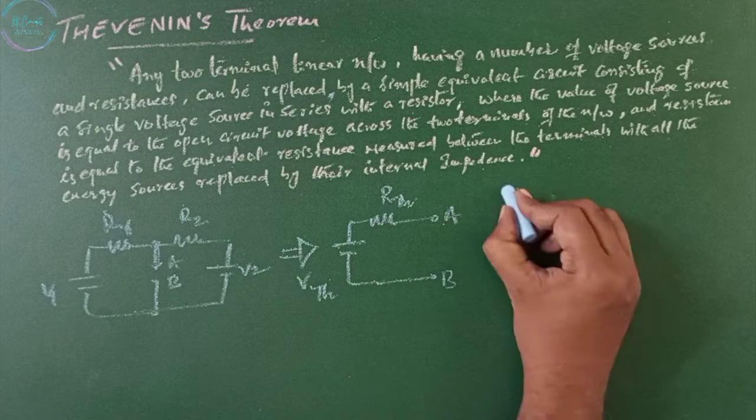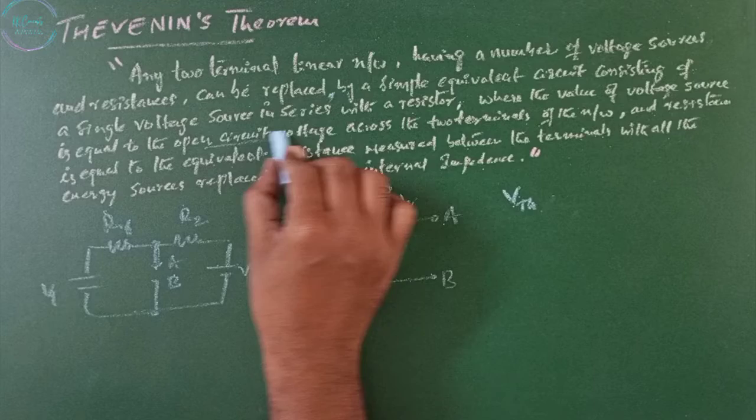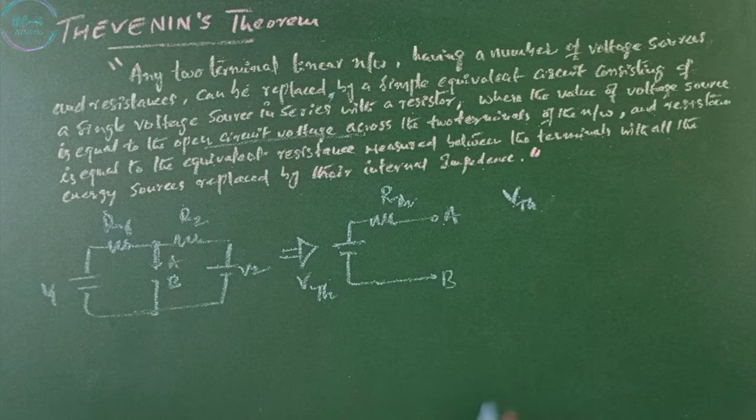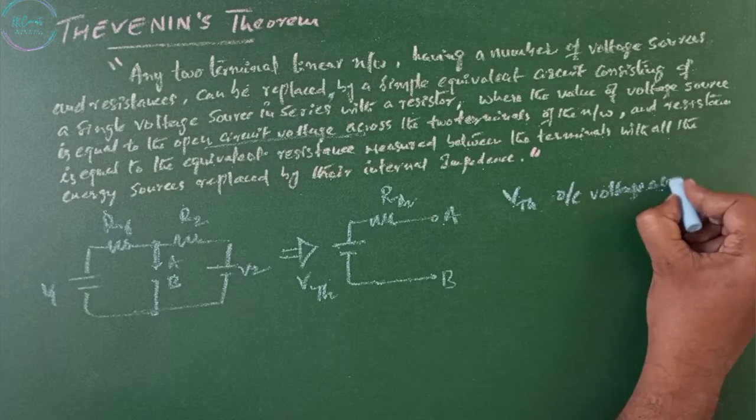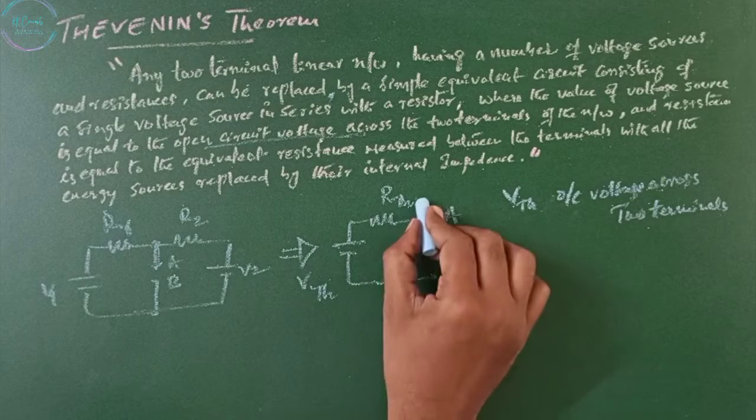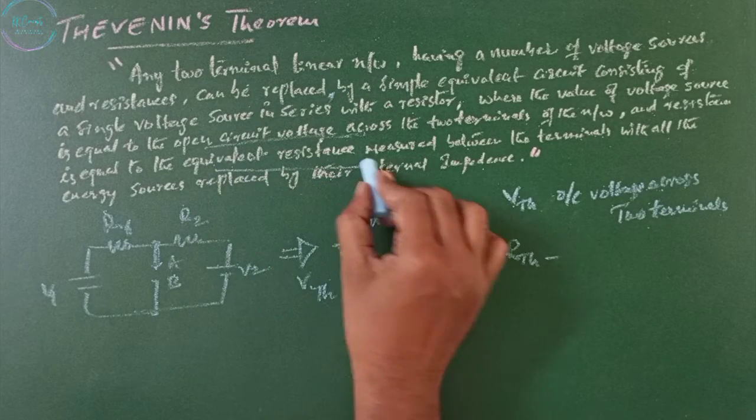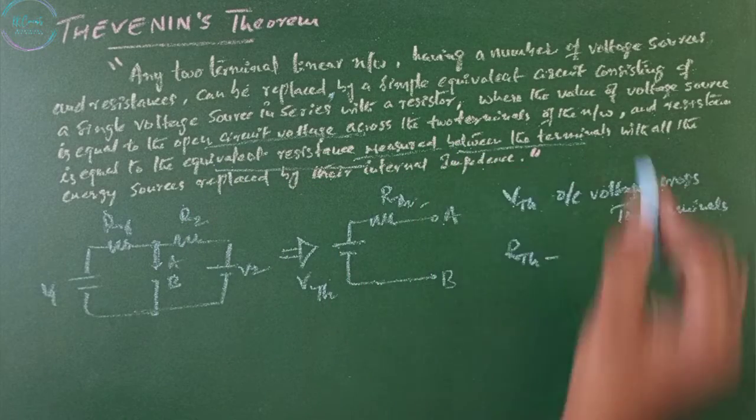VTH is the open circuit voltage across the two terminals, and RTH is the equivalent resistance measured between the two terminals.